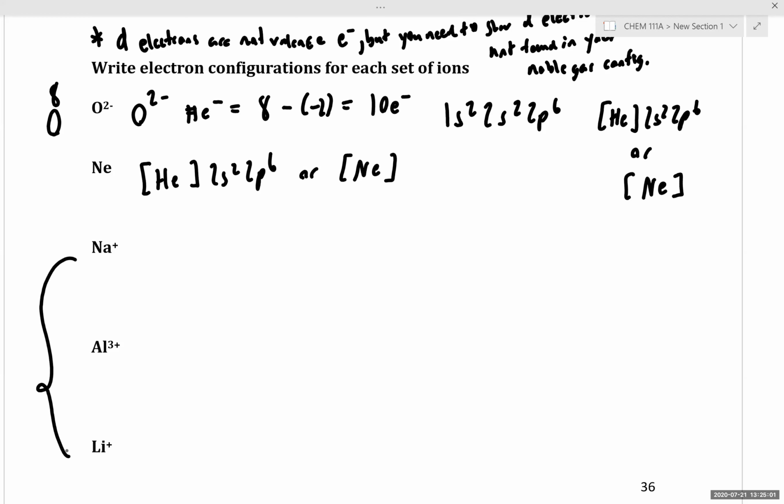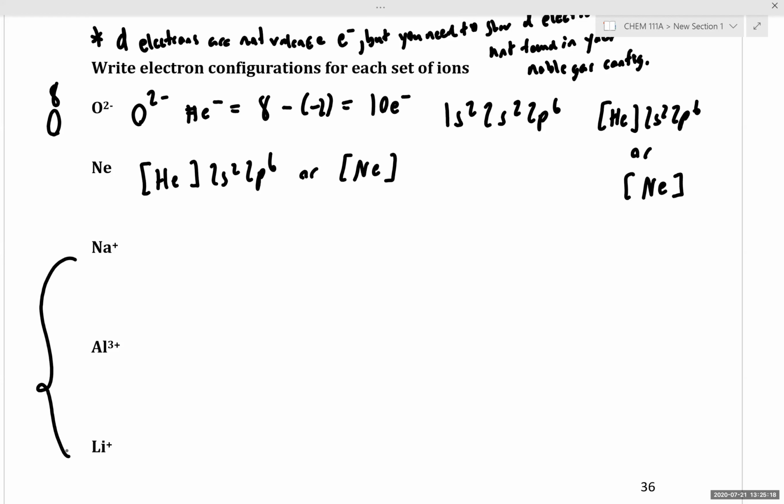Don't be shy to submit your proposed electron configurations for each of these ions. And remember, as we discussed previously, the electron configuration for an ion will overwhelmingly match that of a noble gas configuration.